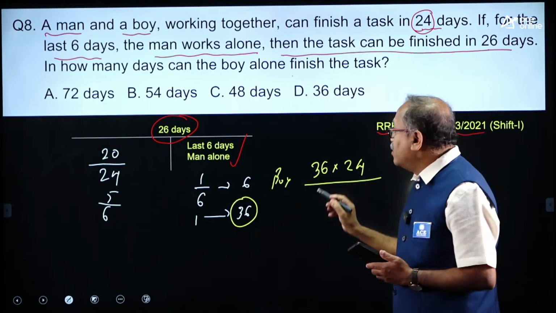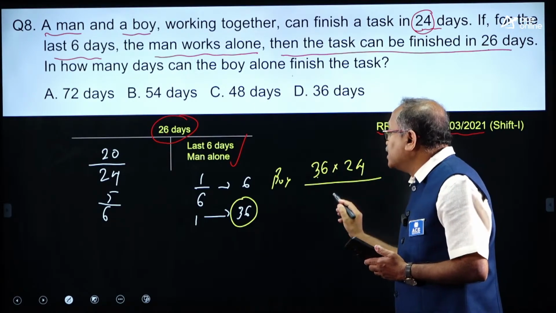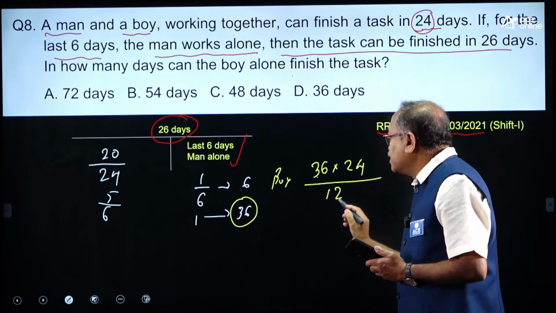So the boy alone will take 36 into 24 divided by 36 minus 24.